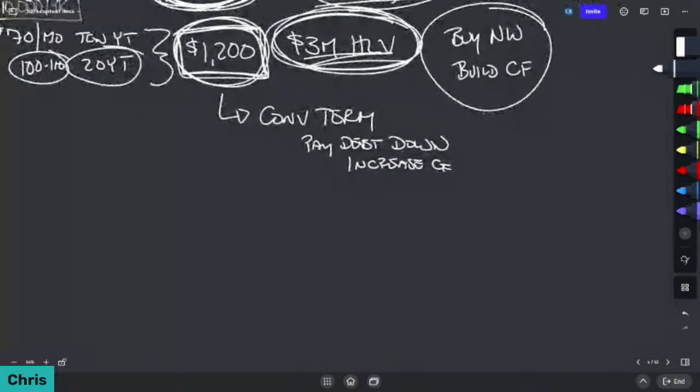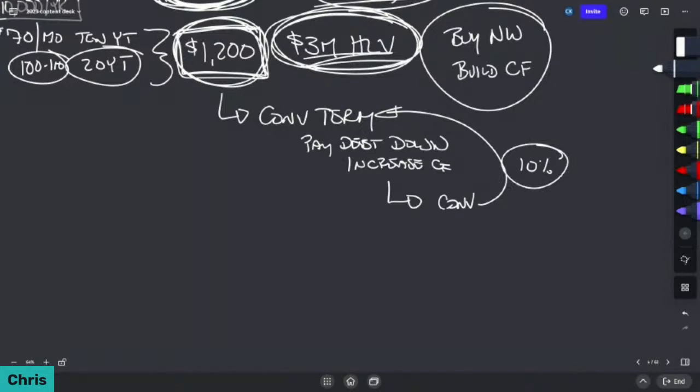And once the cash flow is increased, now we can convert the convertible term in chunks as little as 10% at a time. So if we had $3 million, we could convert, let's say, 300K of DB at a time to a properly designed whole life insurance policy.